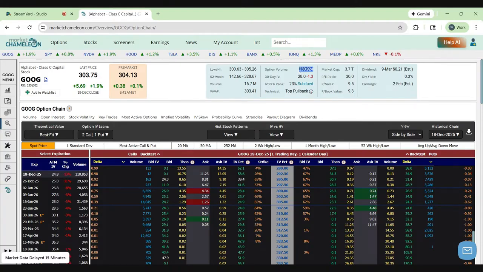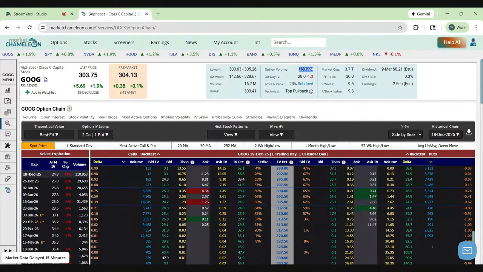Options themselves have different expirations, different strikes, calls, and puts. So the question becomes, how do we dig deeper into this volume number and analyze it on a more granular level?